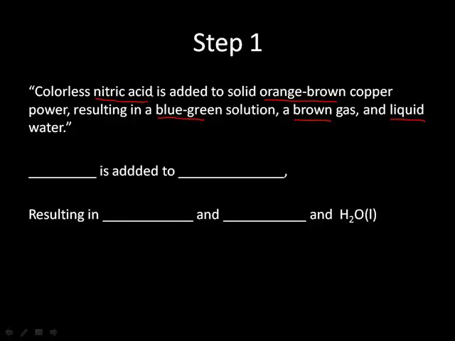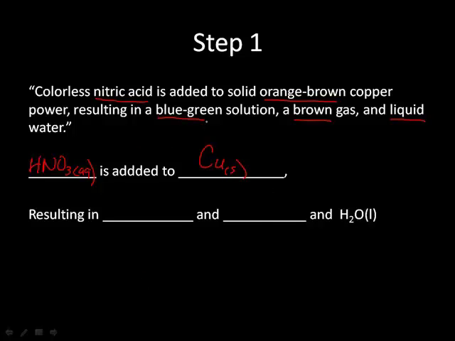So the first thing is the nitric acid. Looking at our lesson number 6, we look up nitric acid. We see nitric acid's formula is HNO3 (aq). And it's being added to the orange-brown copper powder, which has the formula Cu.